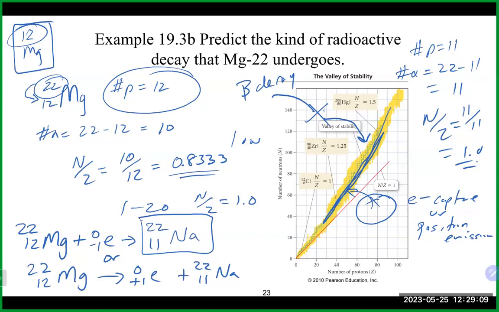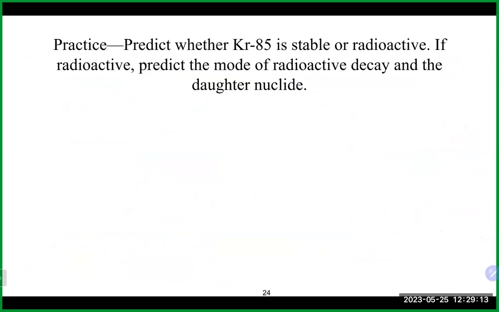Other questions? All right, let's try another one and see here. So let's do Krypton 85. And Krypton is number 36 there on the periodic table. Okay, so we got Krypton 85 and 36 from the periodic table as our atomic number.